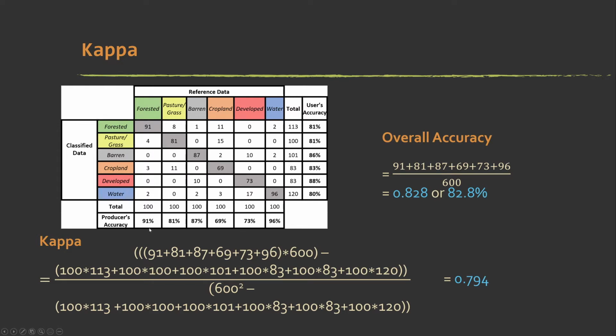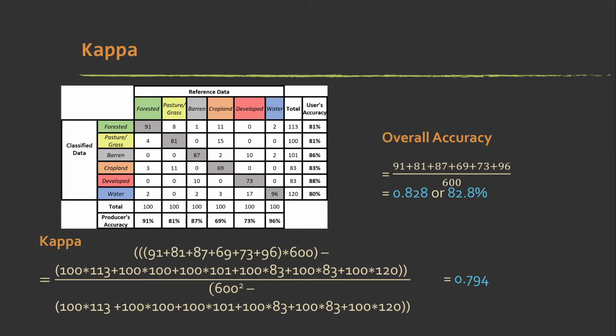To get that adjustment factor, you take each row and column total combination, multiply them, and then add them together. So it's 100 times 113 plus 100 times 100 plus 100 times 101, and so on and so forth. So basically, total correct times total, minus that factor, over total of the table squared minus that factor. In this case, that works out to 79.4. Generally, we report kappa as a proportion as opposed to a percentage.